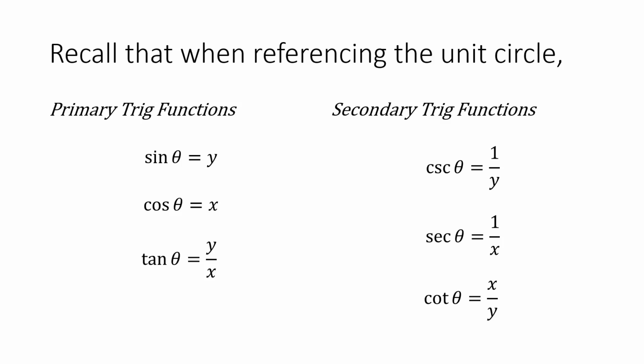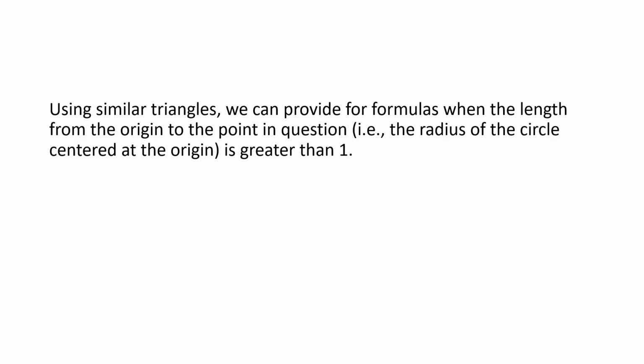Now, what if we extend beyond the unit circle? Well, recall that we had this set of formulas when we were on the unit circle, and we said these are important. You should remember these. Using similar triangles, we can provide formulas when the length from the origin to the point is greater than 1.